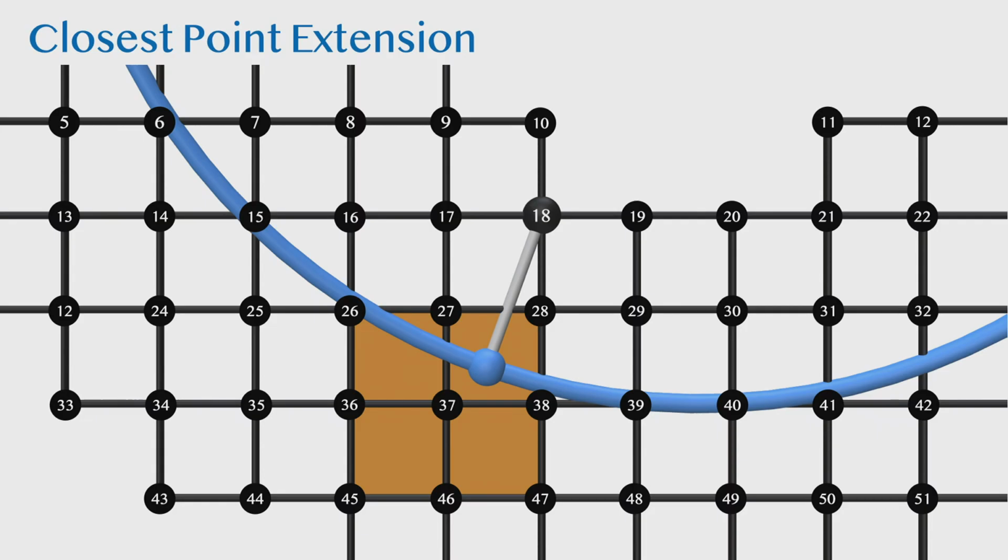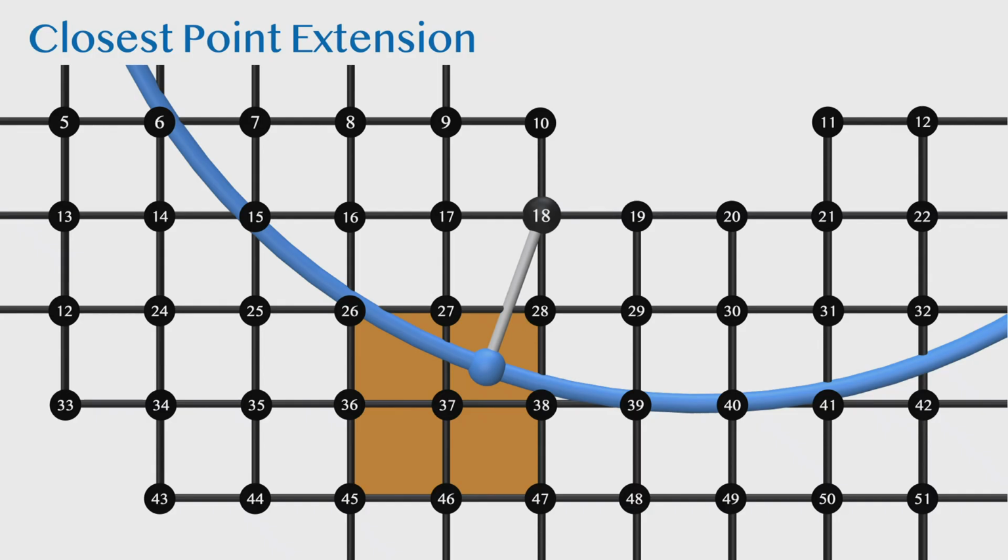For the closest point extension, this involves interpolation, since in general, closest points are not going to be a grid point. So here, for grid point 18, the closest point extension assigns the function value at the blue closest point, but this blue closest point isn't a grid point, so we don't have the actual function value, so it's approximated from the surrounding values on this orange interpolation stencil.